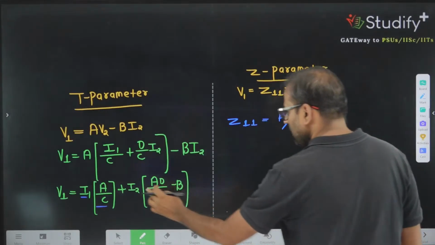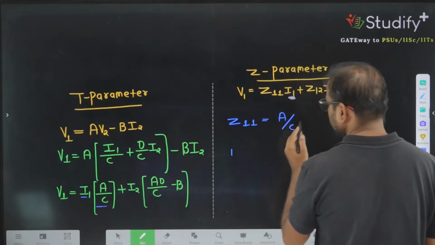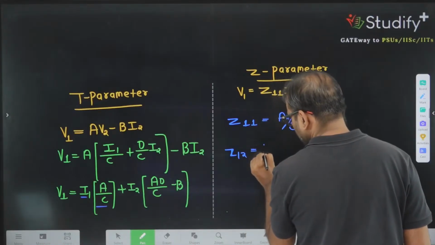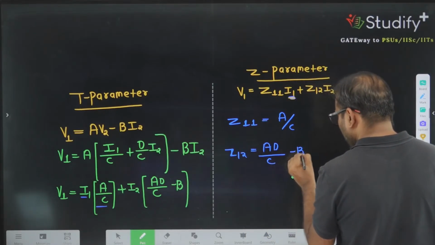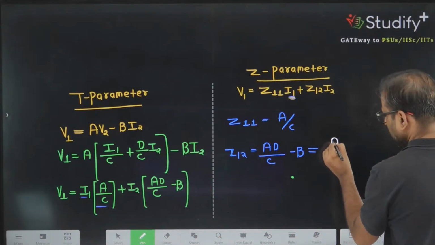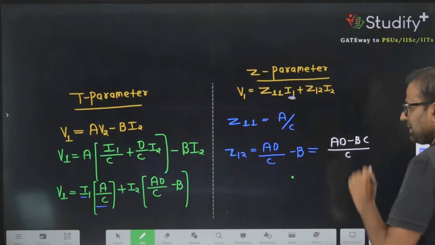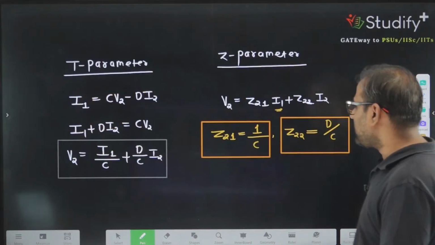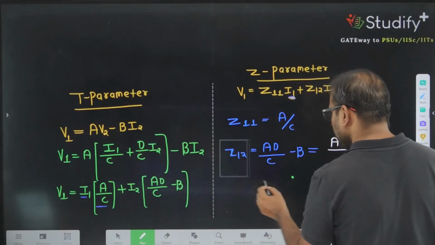The coefficient of I2 is Z12. So you can say Z12 is given by AD divided by C minus B, or you can say this value is equivalent to AD minus BC divided by C. Correct? And now this is the relationship between the Z parameters and the ABCD parameters.